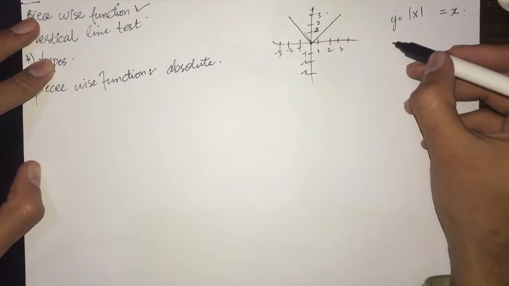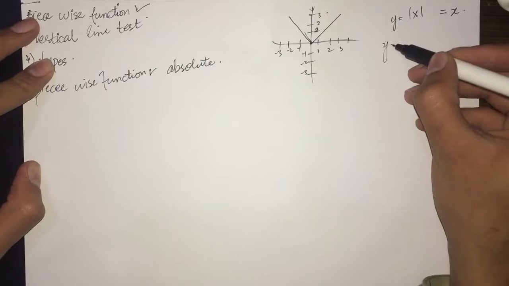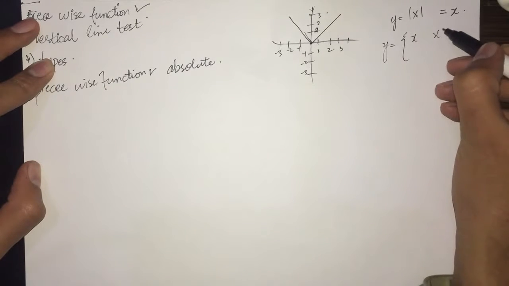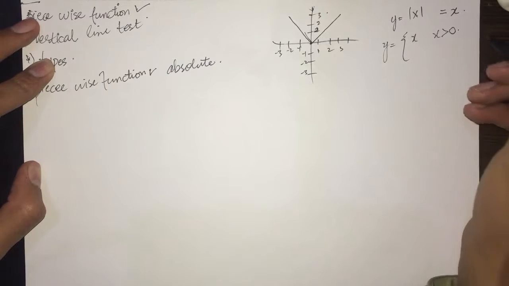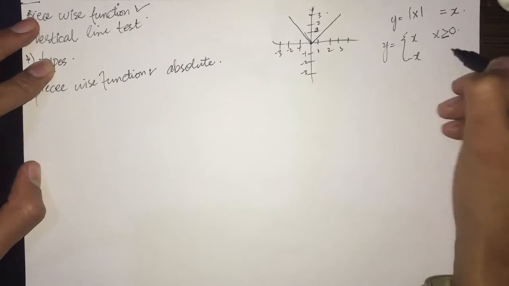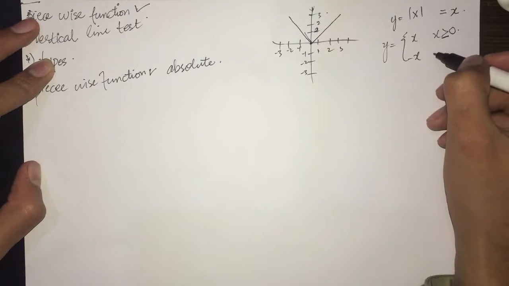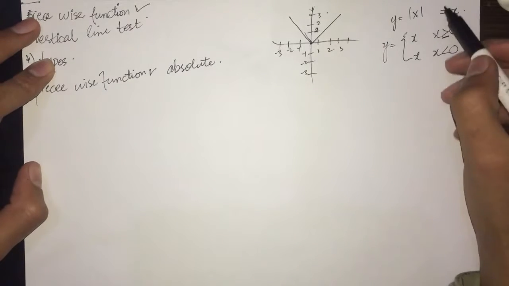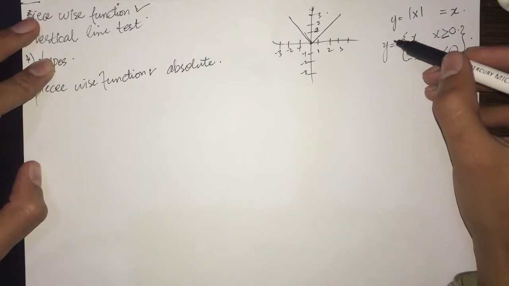So the way we can write it in a piecewise form is y equals x when x is greater than or equal to 0, and minus x when x is less than 0. So there are different pieces of this function.